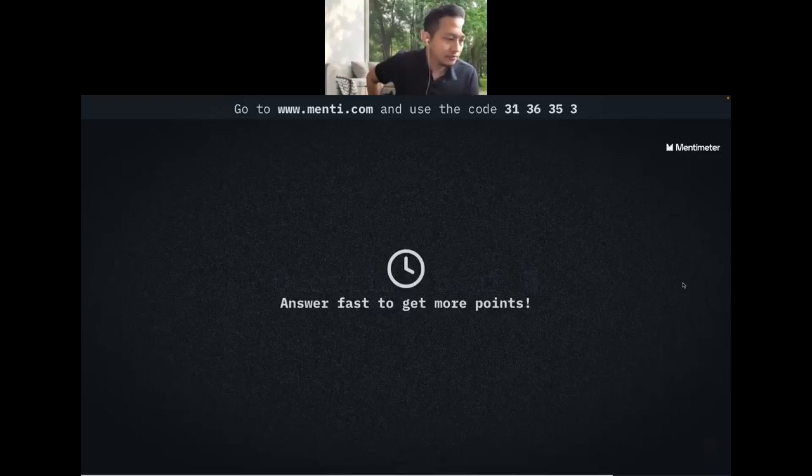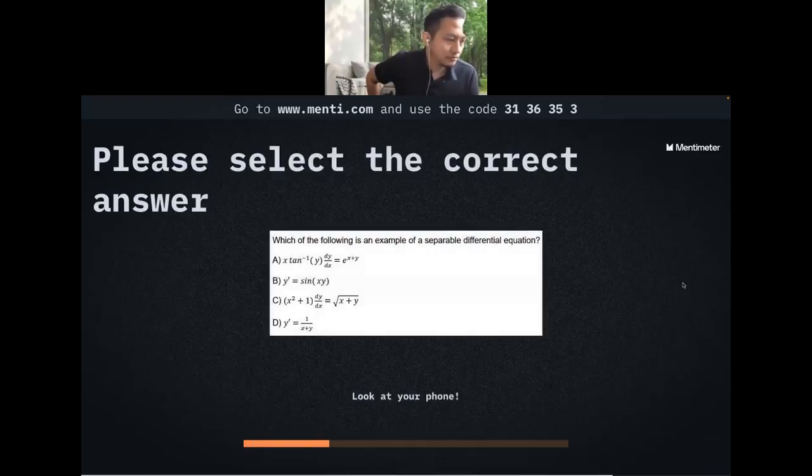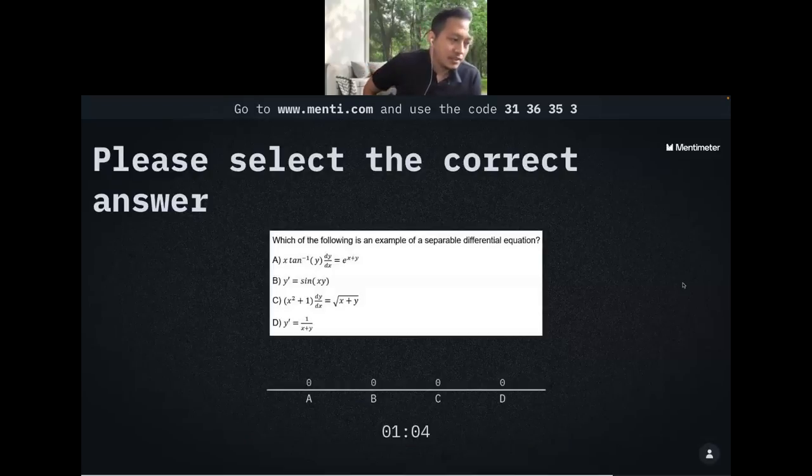Question 5. Last one. Which of the following is separable? I hope the time is also enough.